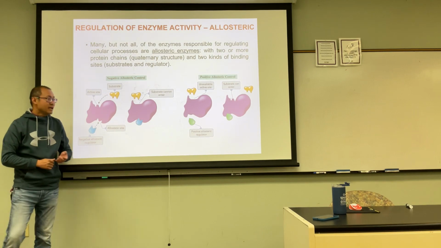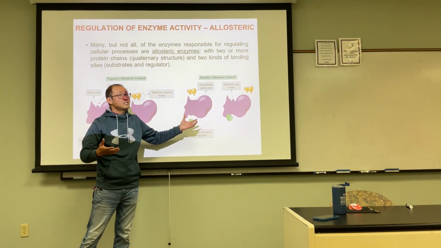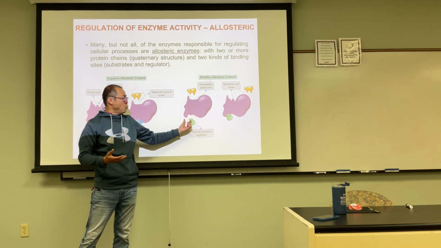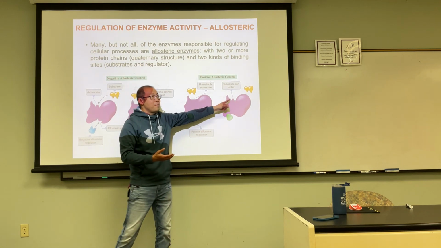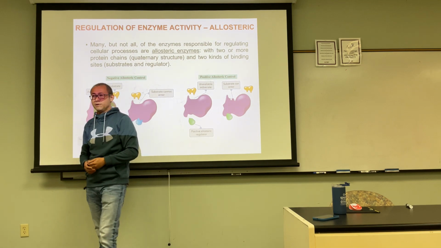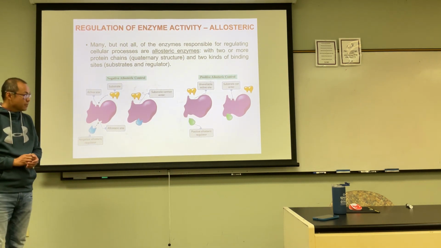In comparison, in our system we do have some positive regulators. When this binds in, the enzyme actually opens up. That's called a positive allosteric regulator. But again, they're all regulators of how the enzyme gets regulated.